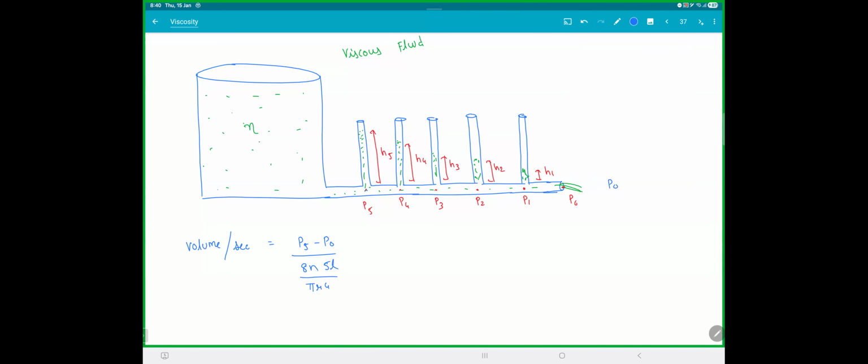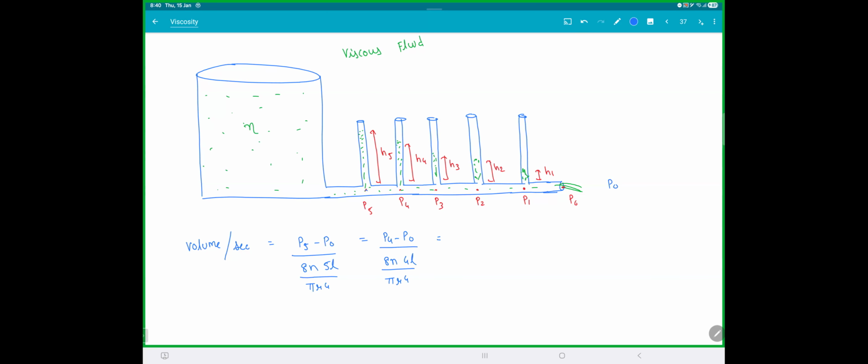If you take the pressure between 5 and the outside point, the pressure difference is P5 minus P naught. This is the volume flow. But I can also do between 4 and 0: P4 minus P0 by resistance, which will be 8 eta 4L by pi r power 4. Is that making sense? If I take the pipe from 5 to 0 or 4 to 0, they should be equal, because it's the same liquid that is flowing.